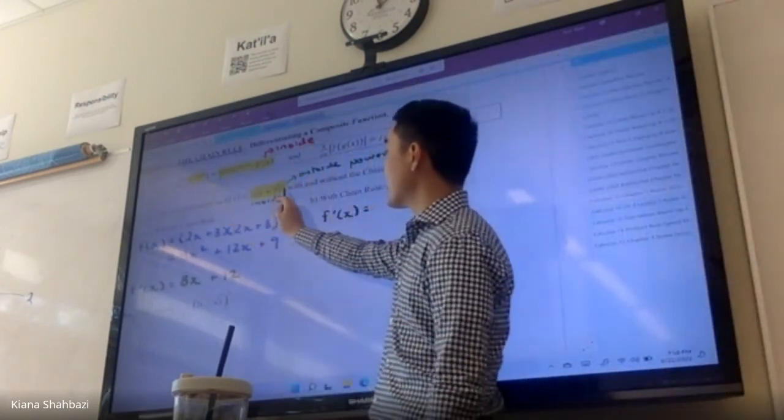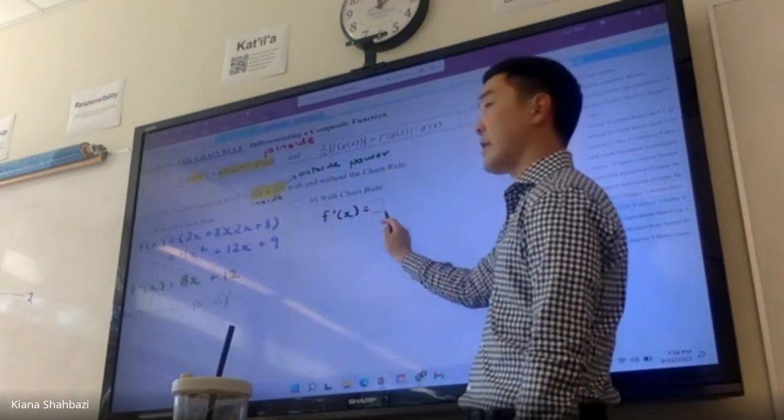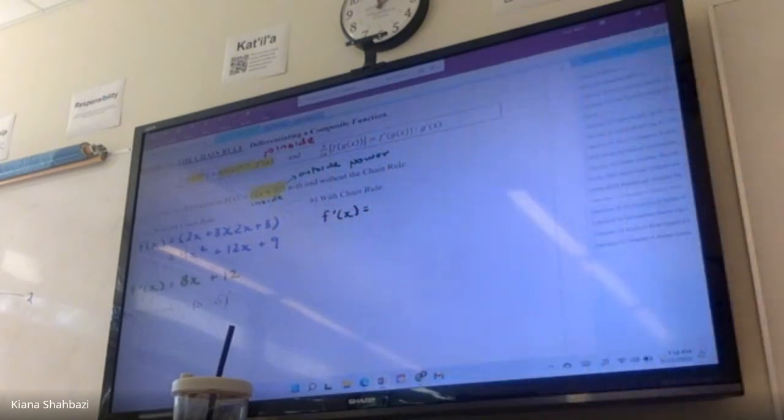My power here is a 2, so I soccer kick that to the front, so 2 times 2x plus 3, and then I'll put a 1 up there in red. Does everyone see that the first part is exactly like the power rule? The exponent comes to the front, you soccer kick the power to the front, and then subtract the power by 1.